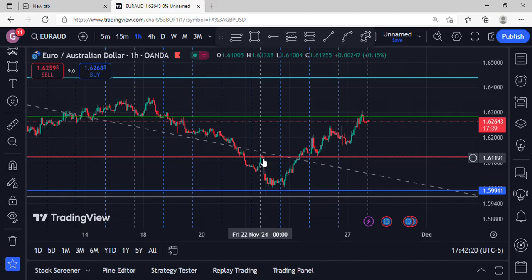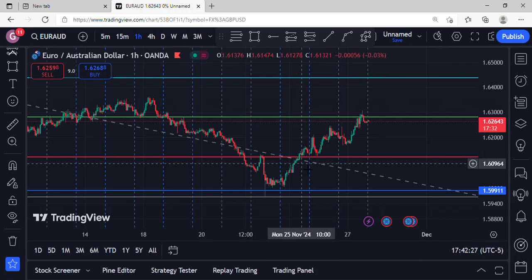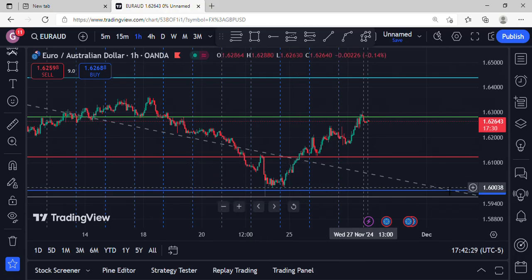You see that these consecutive down-close candles, 1, 2, 3, 4, become what? A bullish order block once we disrespect it to the upside, and we left a tiny fair value gap.